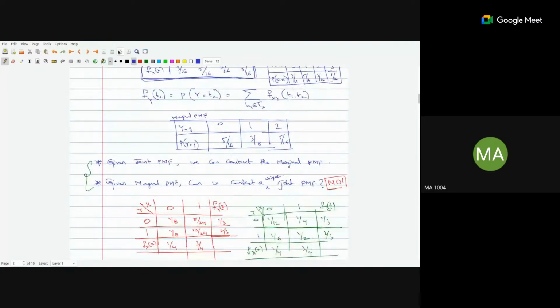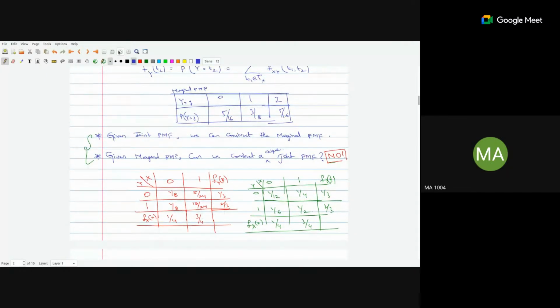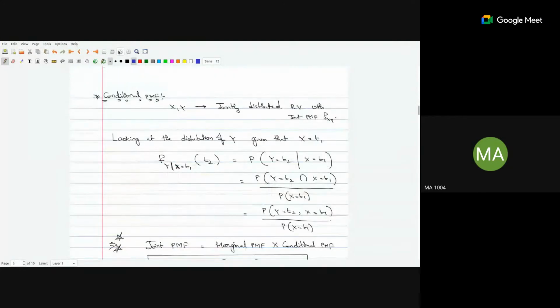Sometimes marginals will also be given, but there will be some gaps in the joint PMF table, so you have to know the connection between the marginal and the joint. If you know that, you can compute. Then the next point is how to compute the conditional PMF. Conditional PMF can be computed using the joint and the marginal: joint divided by marginal.